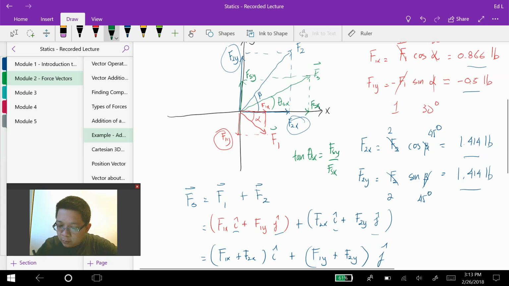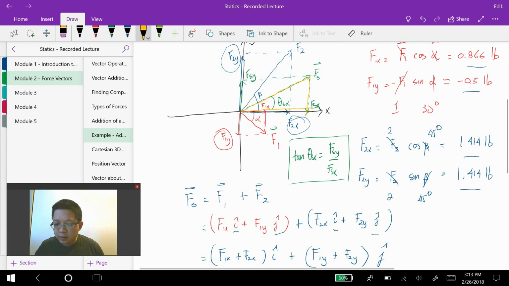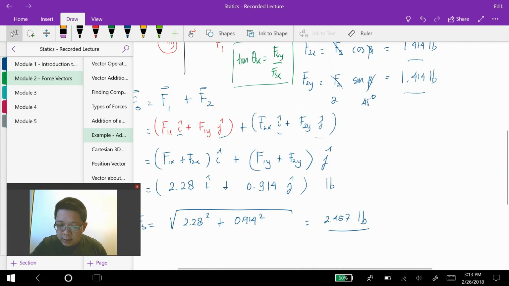So when you formulate this expression, it's always good to sketch it first, because here we are basically using this right triangle to calculate theta Fs x. So we know from this expression that theta Fs x is tangent inverse of Fsy divided by Fsx.